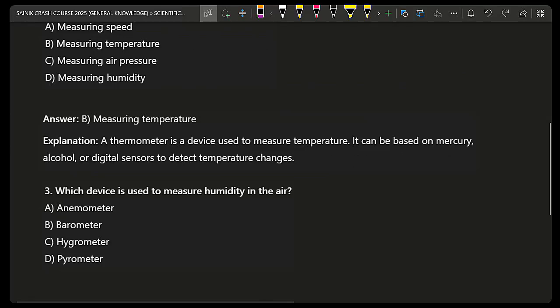Time up. Two students said barometer. Just now we discussed barometer is used to measure pressure, but still gave the wrong answer. Six students said anemometer, wrong answer. And pyrometer, nobody gave the answer. Twelve students gave the correct answer, hygrometer.